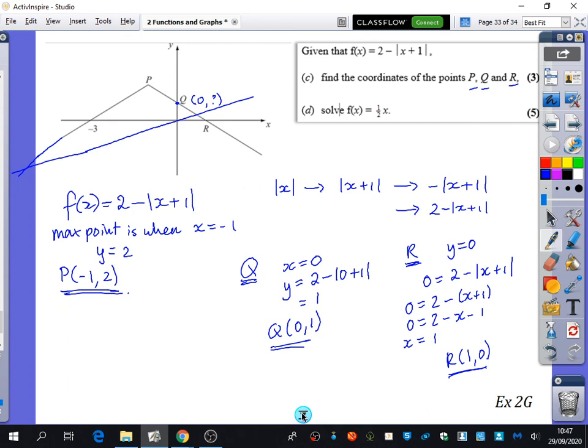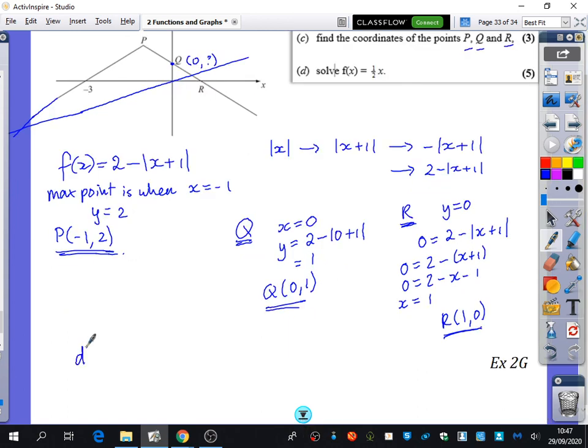So for that last part, we're just going to solve the equations by doing a half x equals 2 minus x plus 1. So we get 3 over 2 x equals 1. So x equals 2 over 3.